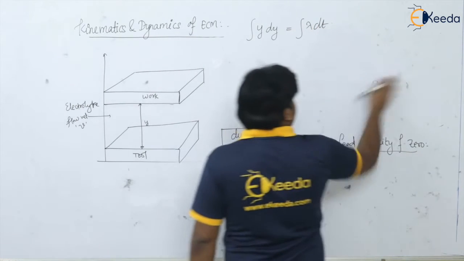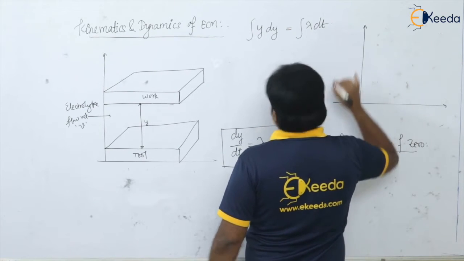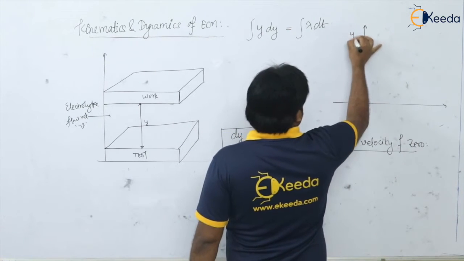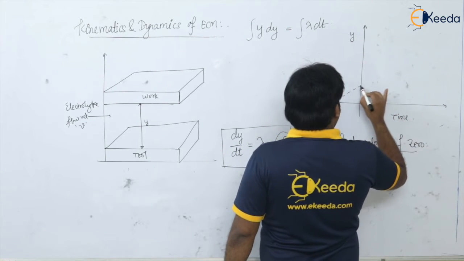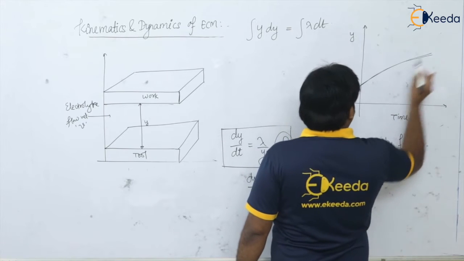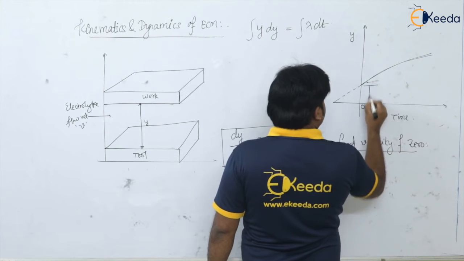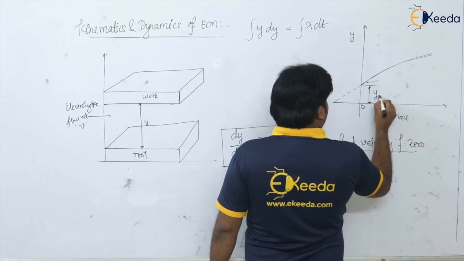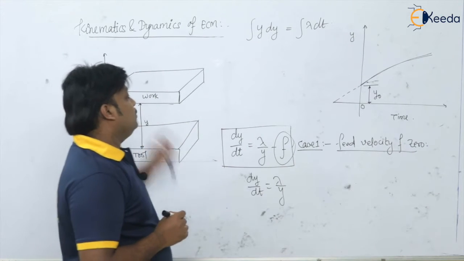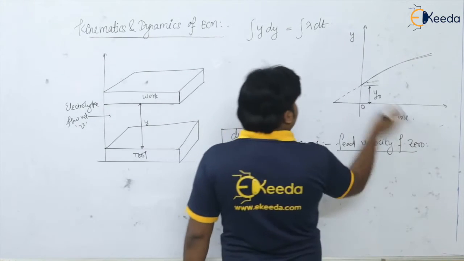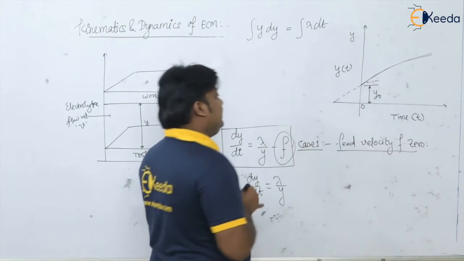And of course, if you look at this time versus the distance, this is y and this is time. So this graph will look like this. At t is equal to 0, this is the gap y naught, that is the initial position of the electrodes, that is work and tool. Here t is the time, and y is a function of t.